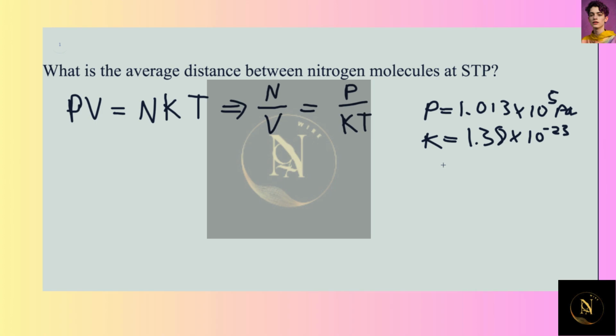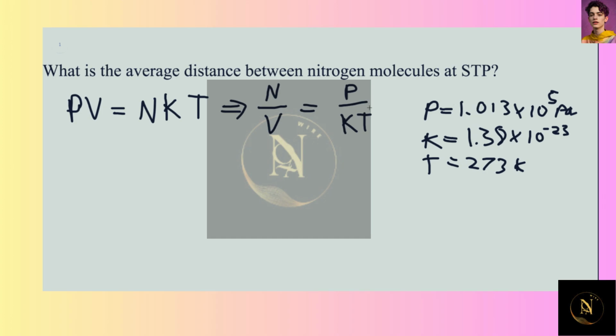And we are taking the temperature to be, sorry, not absolute zero. We're taking it to be 0 degrees Celsius, which is 273 Kelvin, because standard temperature pressure.